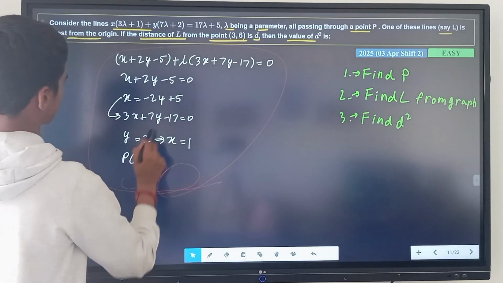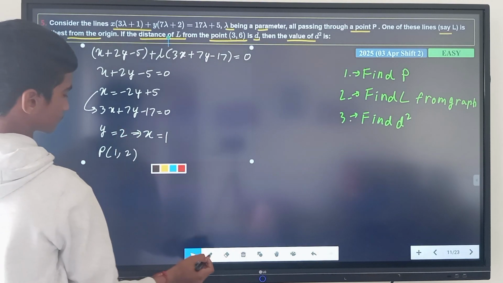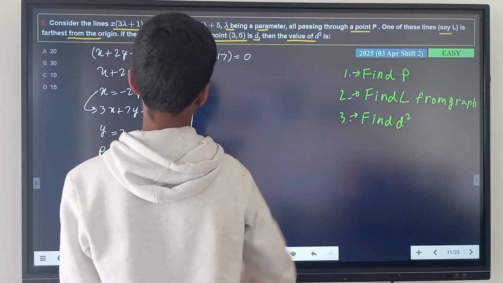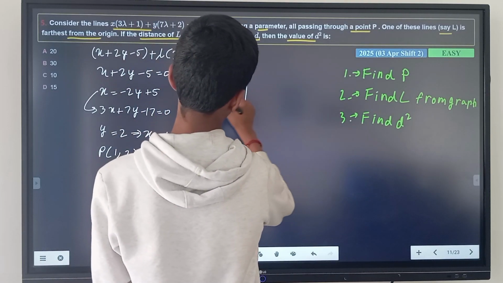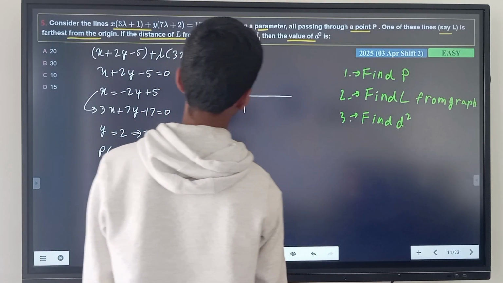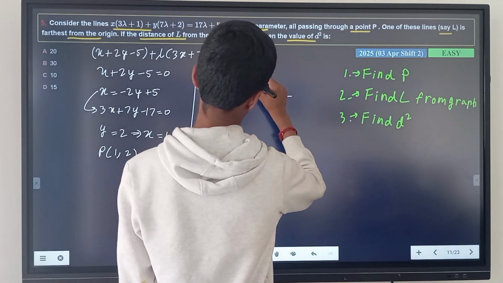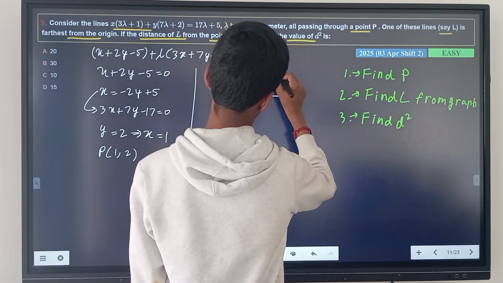Let's draw a graph, and let's say here we have origin and here we have P, which is 1, 2.